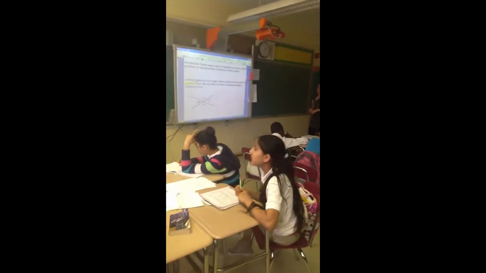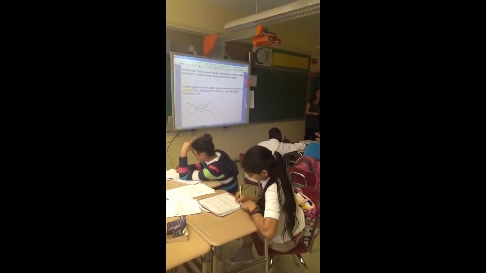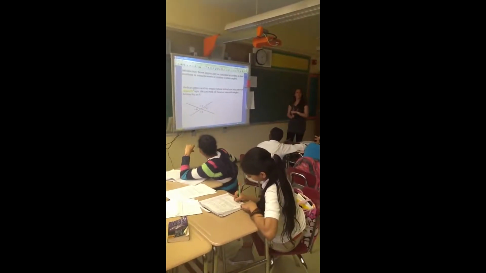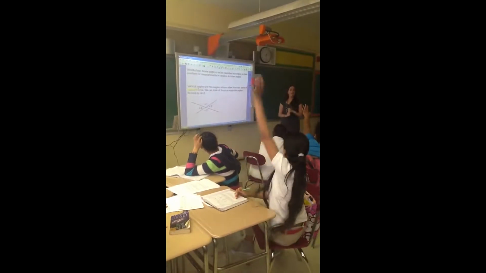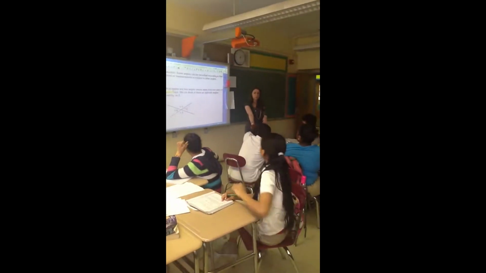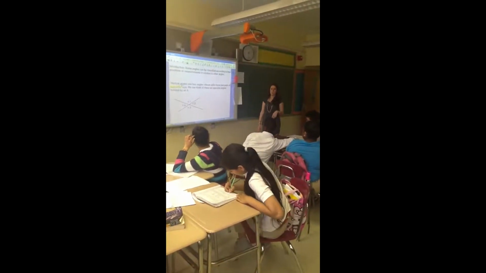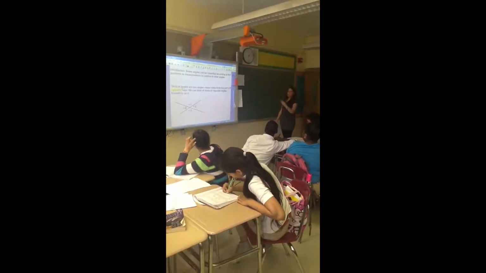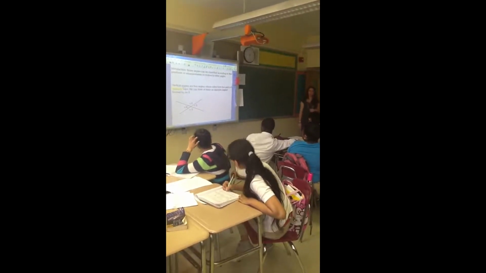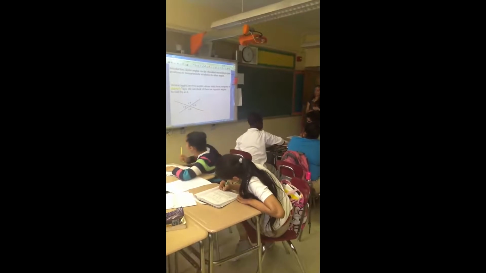Thank you. So can somebody maybe come up to the board and highlight what angles they think are opposite each other and might make vertical angles? What angle do you think might make vertical angles? Highlight the angles that you might think.